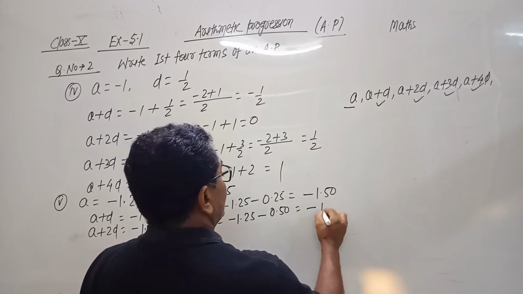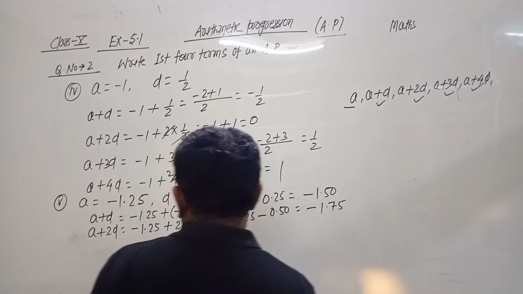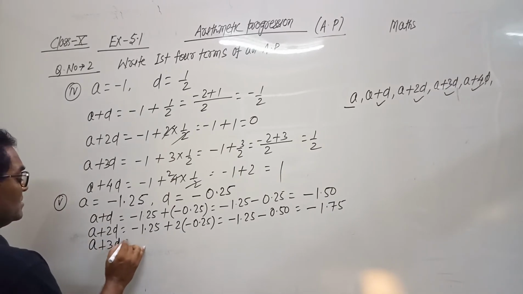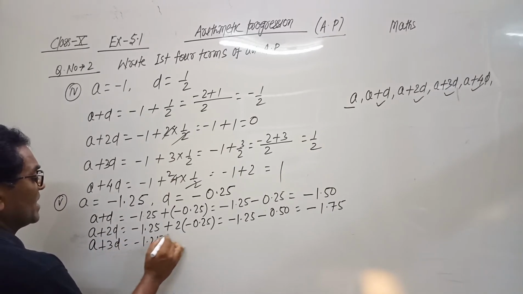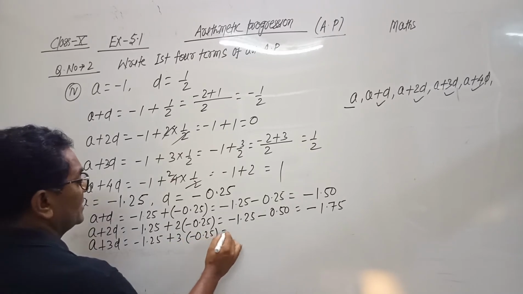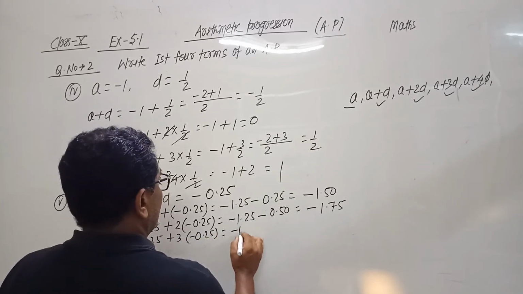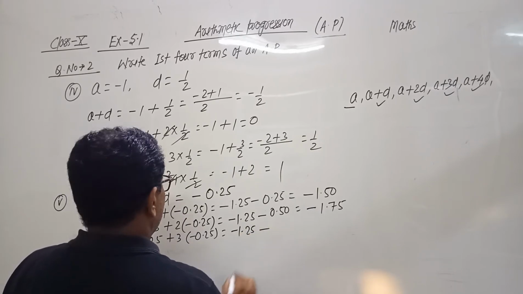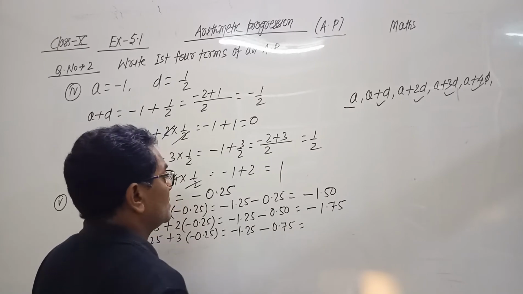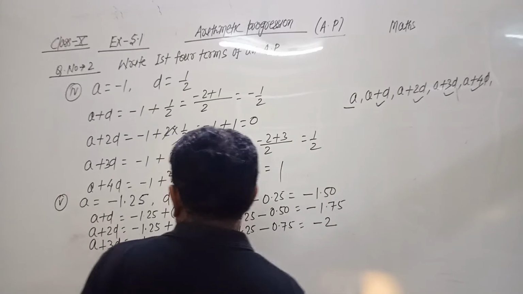So it gives minus 1.75. The third term, A plus 3D: minus 1.25 plus 3 into minus 0.25, which gives minus 1.25 minus 0.75, and this gives minus 2.